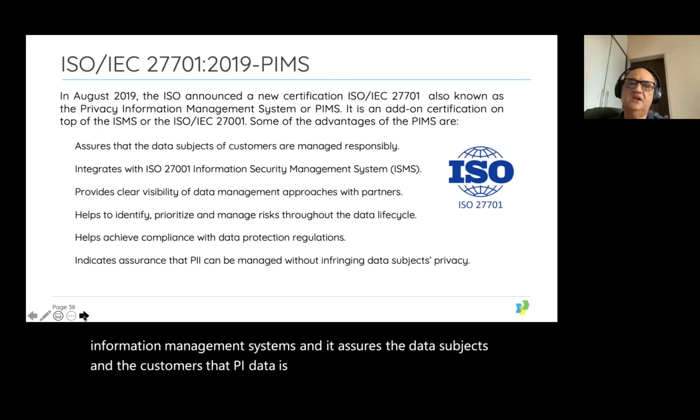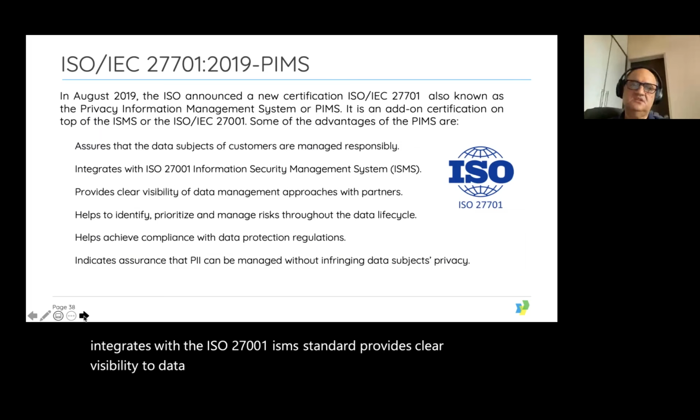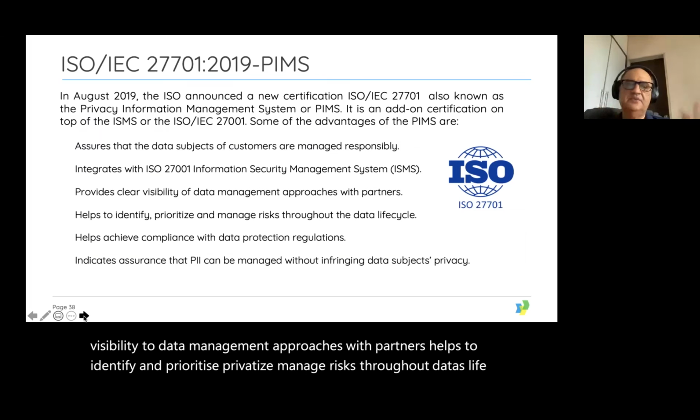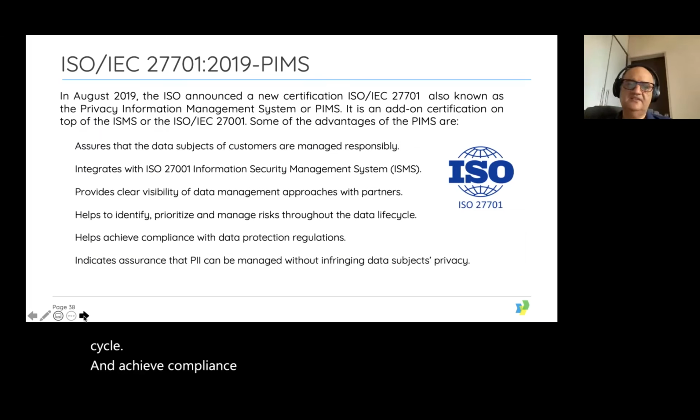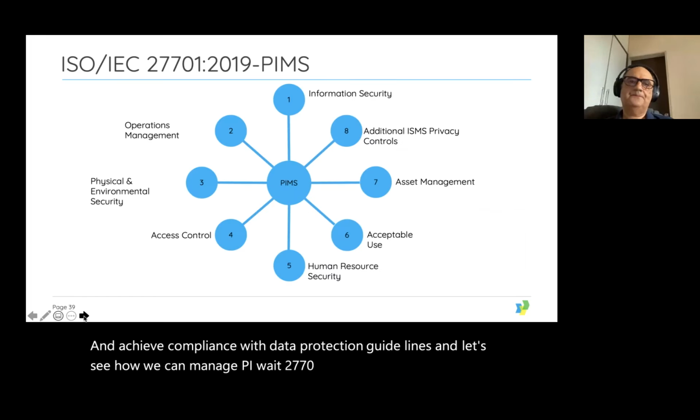It integrates with the ISO 27001 ISMS standard, provides clear visibility to data management approaches with partners, helps to identify, prioritize and manage risks throughout the data's lifecycle, and achieve compliance with data protection guidelines. And let's see how we can manage PII with 27701.